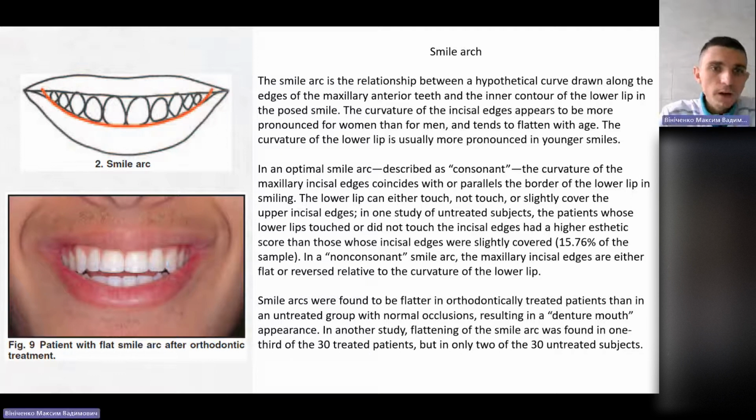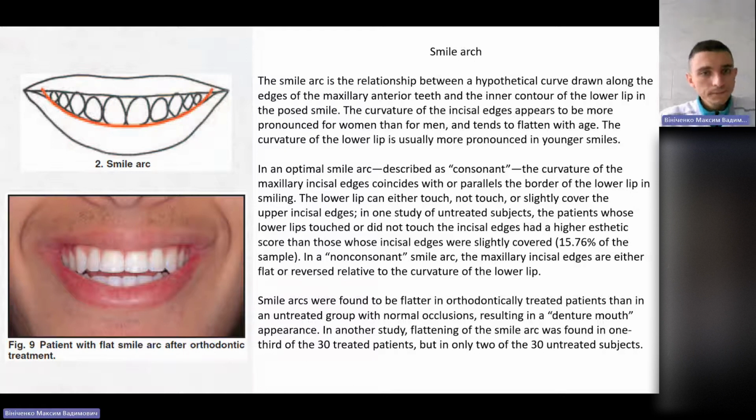Smile arches were found to be flatter in orthodontically treated patients than in the untreated group with normal occlusion. For example, if we use the edgewise appliance treatment or treatment with a straight wire appliance, we understand that this line will be flat.